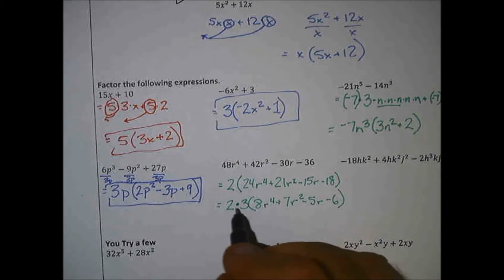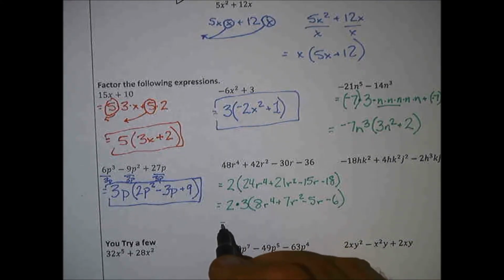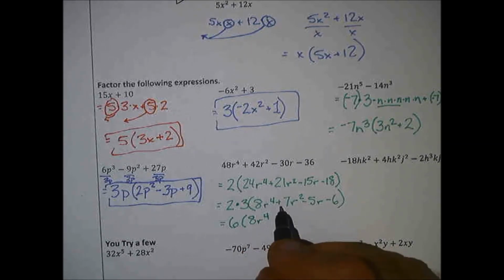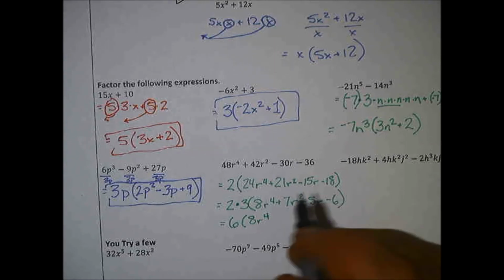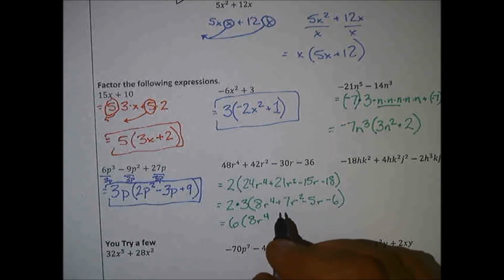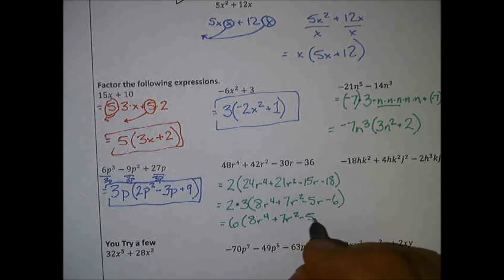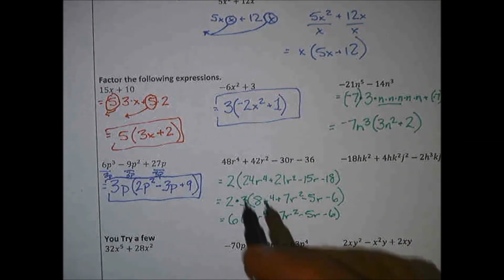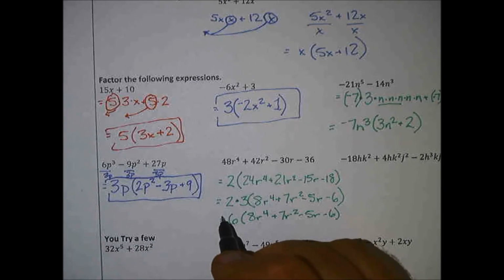And then all you have to do is multiply these numbers out in front and rewrite the rest. Because there's no other common factors, because we have a couple prime numbers over here, and so the only factors they have are 1 and themselves, so that's all we get. Okay, so that's going to be my final answer there.